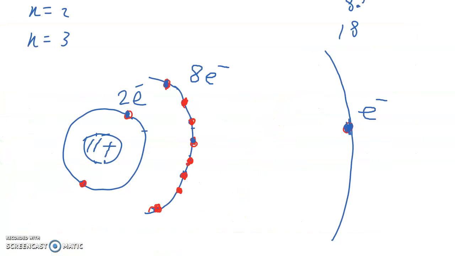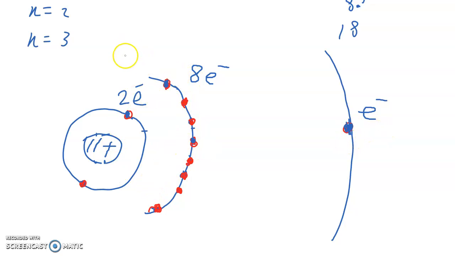Now, let's look at the following situation. With the electron over here, we know that there are 11 positive inside, so this 11 positive is pulling it in. However, this electron will also feel the 10 negative electrons pushing it.